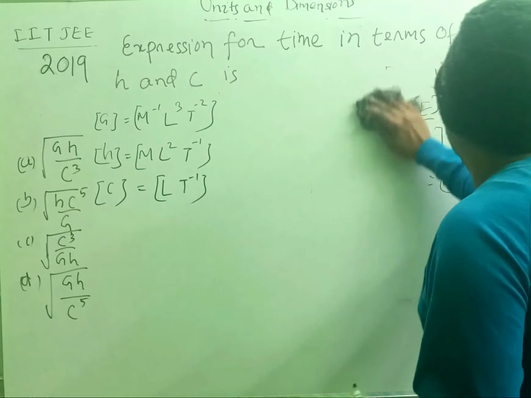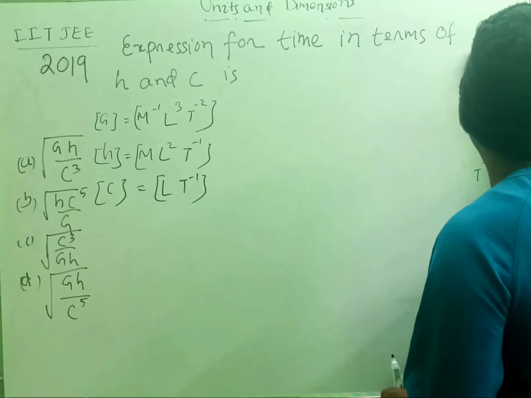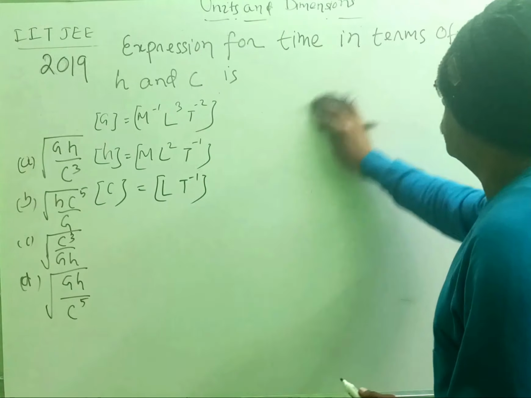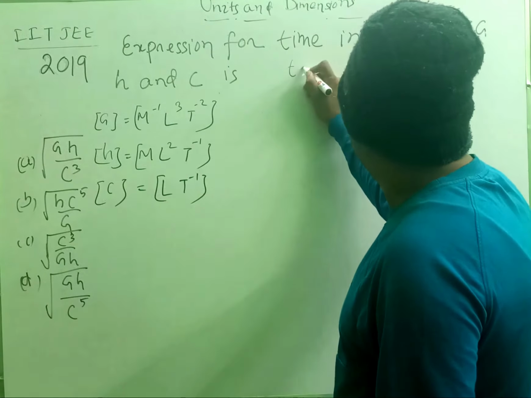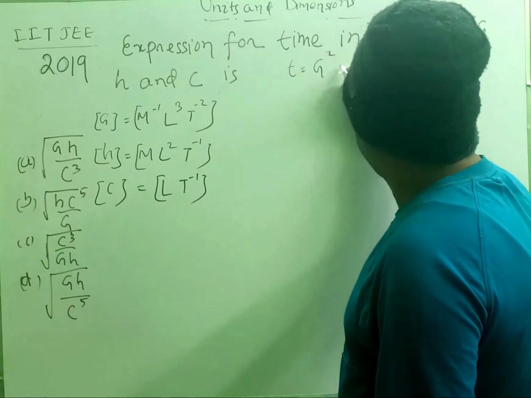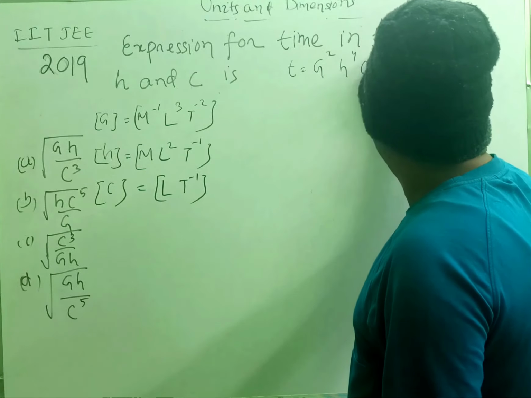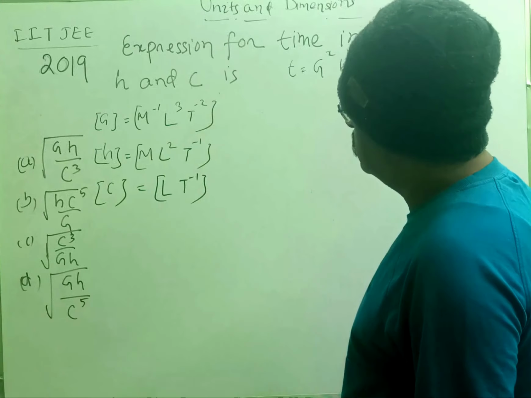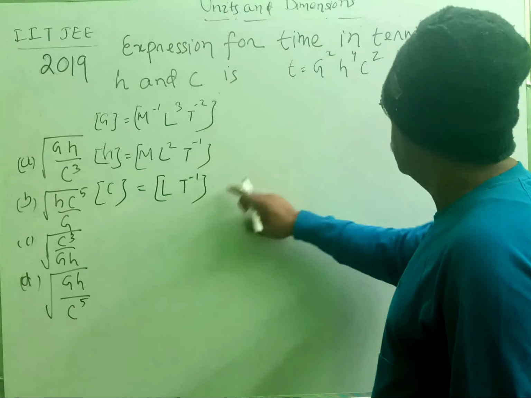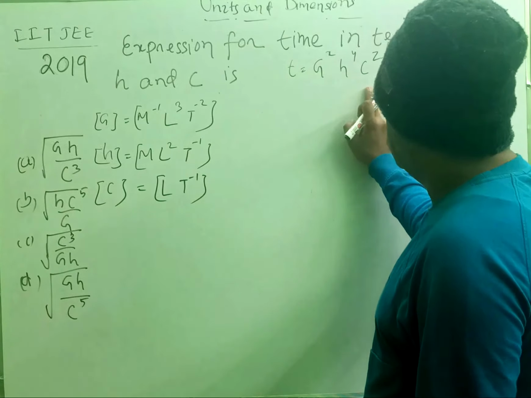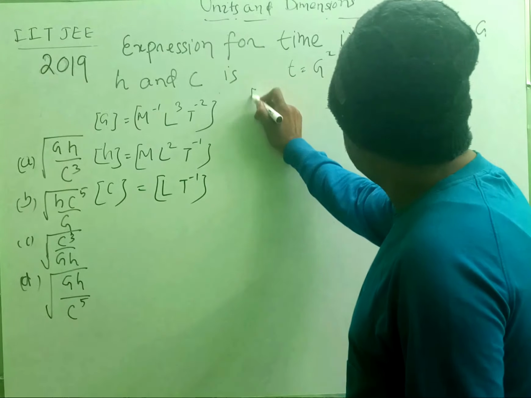So we have written time T is equal to G to the power x, H to the power y, C to the power z. Now let us put the values of the dimensional formulas in their places respectively. So what are the dimensions of T?